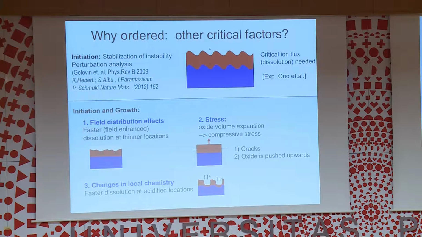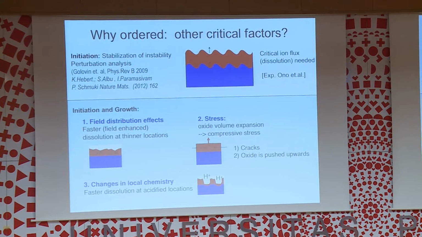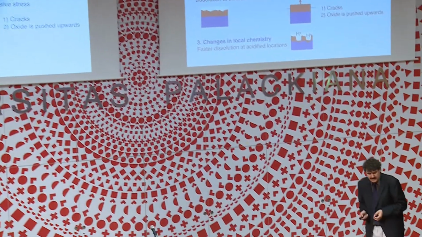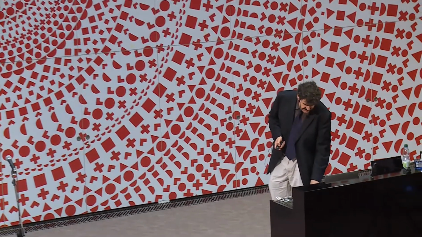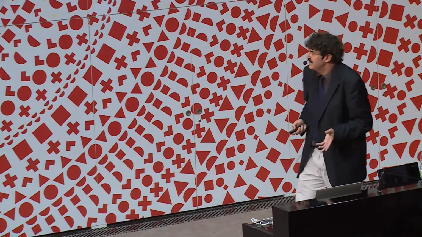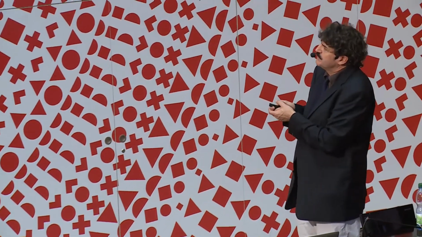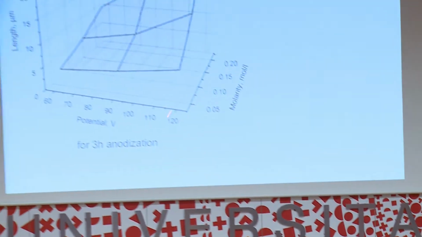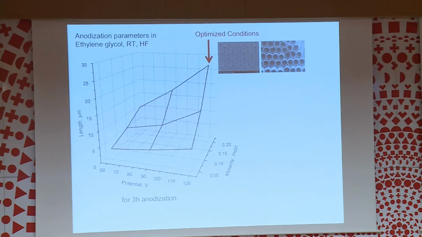In the end, experimentally, it goes back to this dissolution idea, which corresponds very well with an empirical finding by Ono et al., that a critical ion flux is needed across an oxide layer in order to establish self-organization. And if you look at it experimentally, it's exactly like this. Here you see a plot of the tube lengths formed as a function of applied voltage and fluoride concentration in the electrolyte.